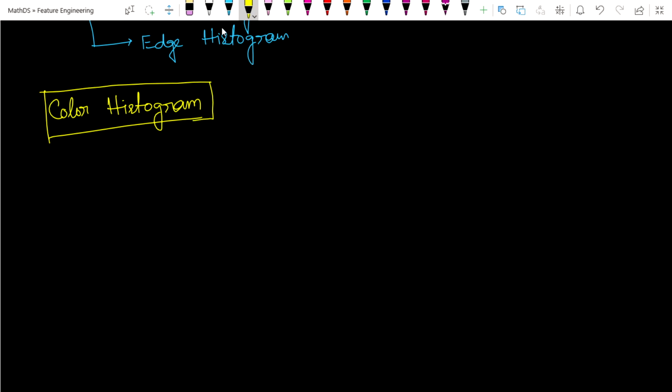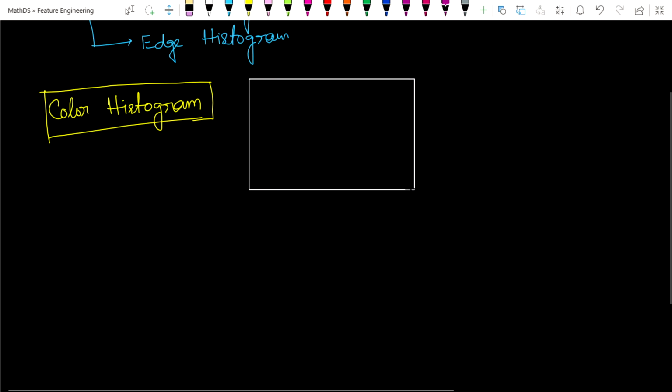Let's suppose this is our image. First, suppose we have an M cross N pixel image.